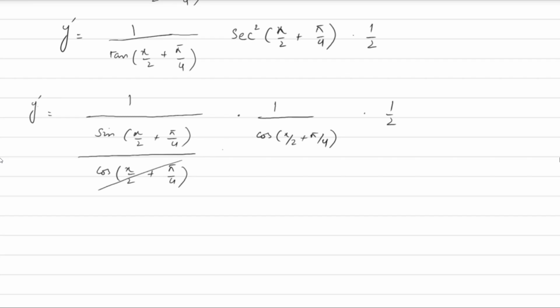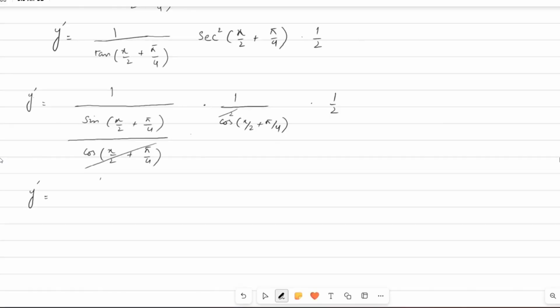We know that secant square is equal to 1 upon cos square. Cos is cancelled with 1 time of cos. So y dash is equal to 1 upon 2 sine x by 2 plus pi by 4 into cos x by 2 plus pi by 4.